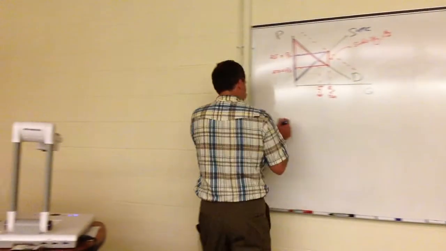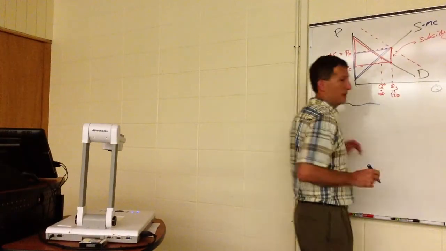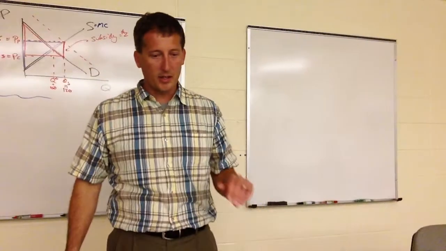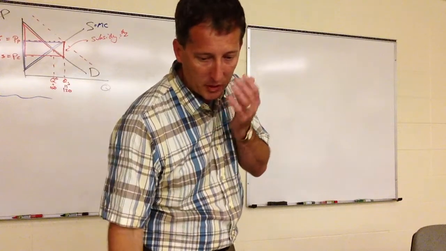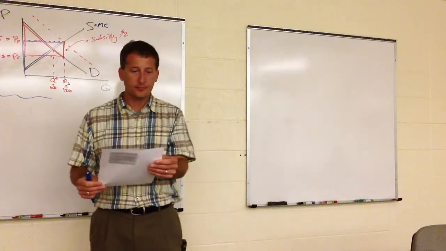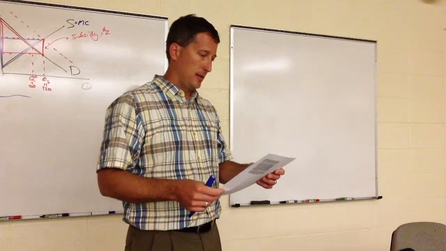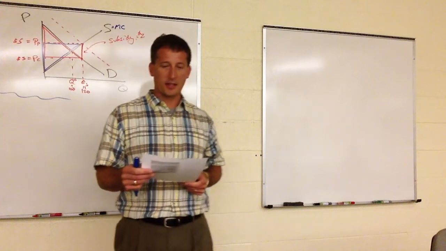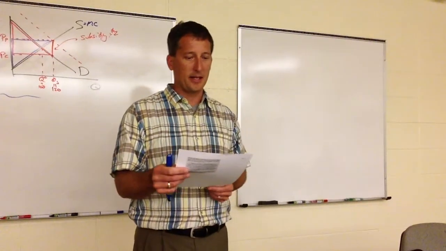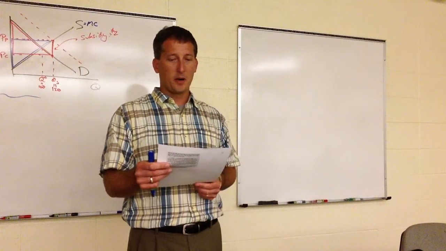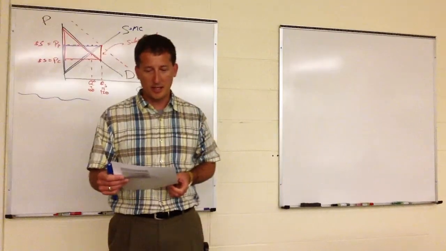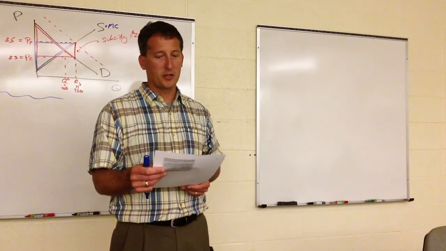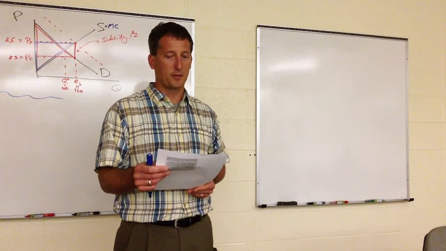All right, so we're going to throw ourselves right into the mix with the consumers today and spend some time on that. So if you look at question 4.1, Mariah consumes music downloads M and concert tickets C. Her utility function is given by that, where the marginal utility of music downloads is equal to M, and the marginal utility of concert tickets is equal to 4C.